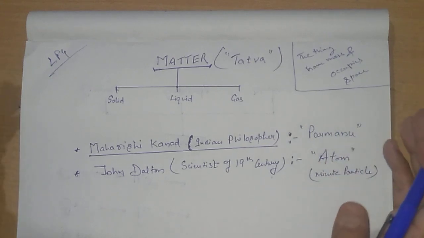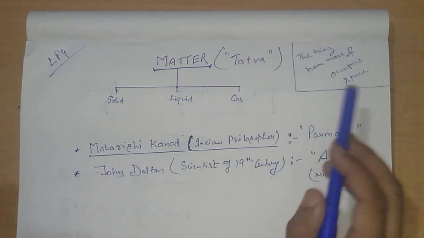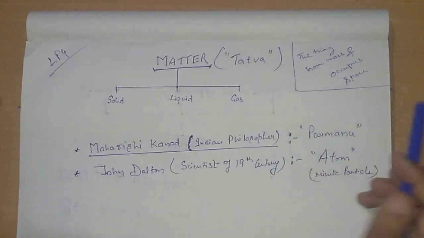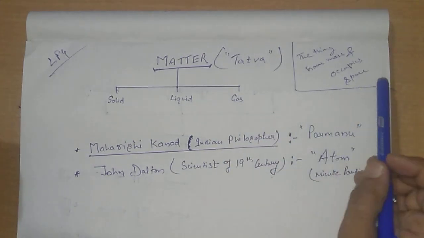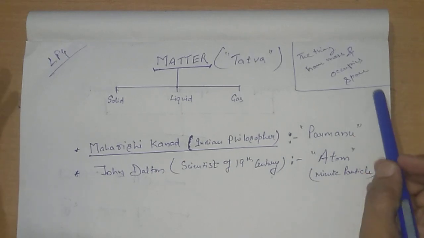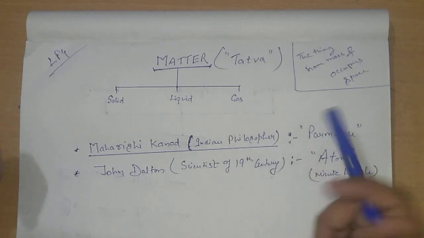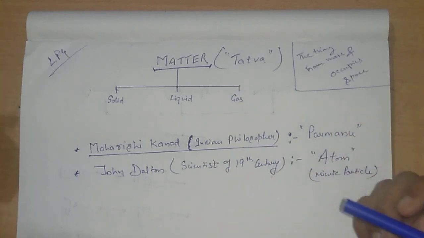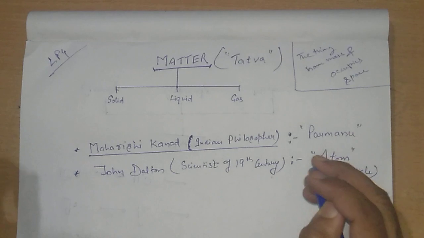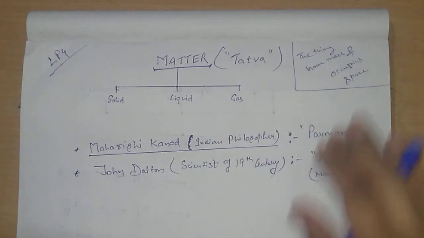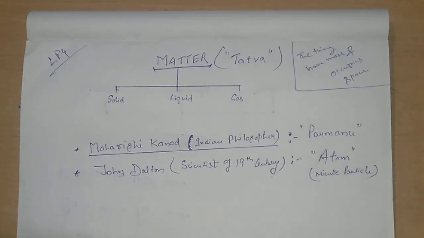In those tires, air is filled after compression with the use of the compressor which is used to fill air in vehicle tires. So that air also occupies space and has some mass. Though that mass is very small and negligible, it still has some mass and occupies space, so gases would also be considered matter. Clear?